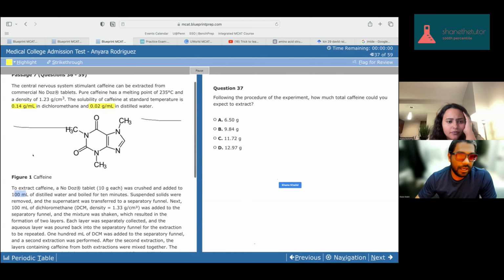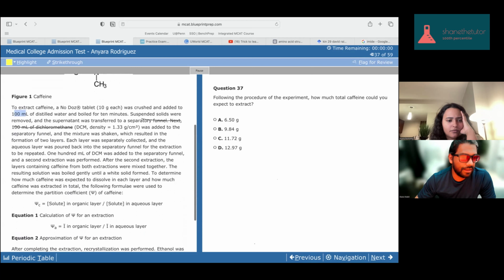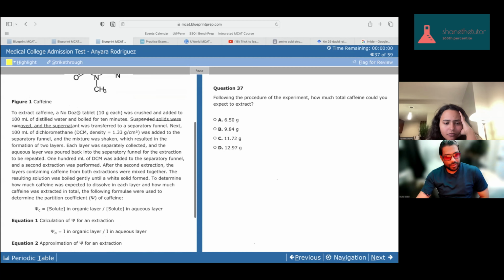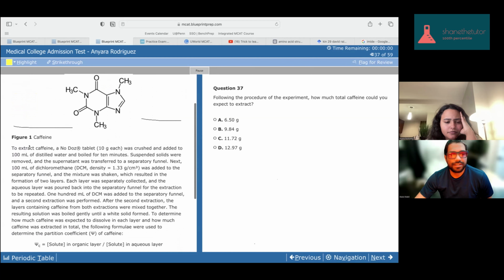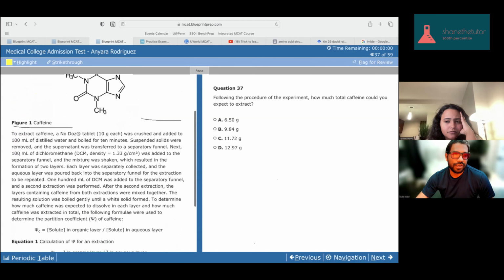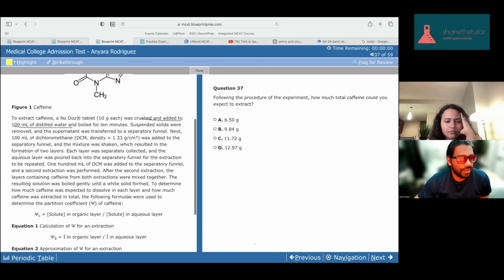So okay, what they did was, the solubility of caffeine in the organic layer compared to that in the aqueous layer would give us that partition coefficient, and then we would just multiply that by the volume, like the milliliters, right?